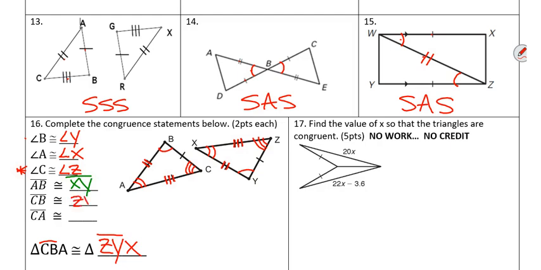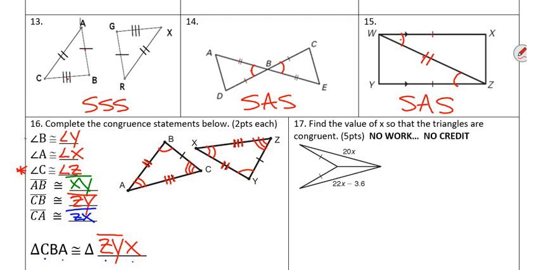That would be ZY. And our last one is going to be CA. So that would be first to last. So over here it's going to be first to last, ZX. Sorry, and I forgot to put the line over the one up here. So that's our congruency statement and our congruent statements for various different parts.